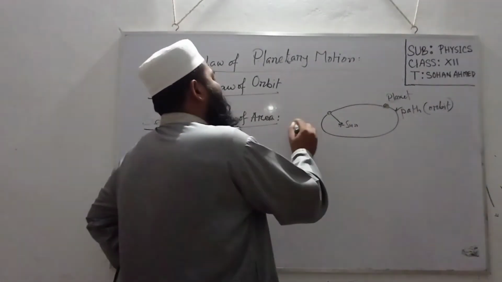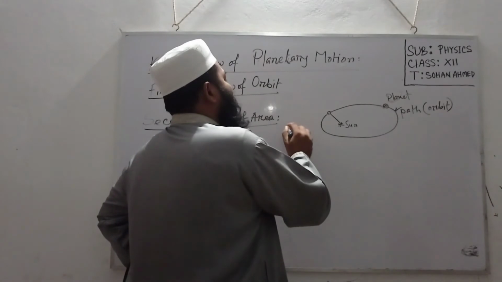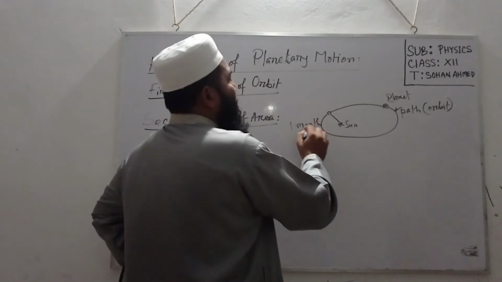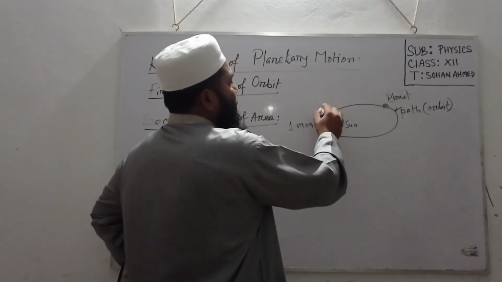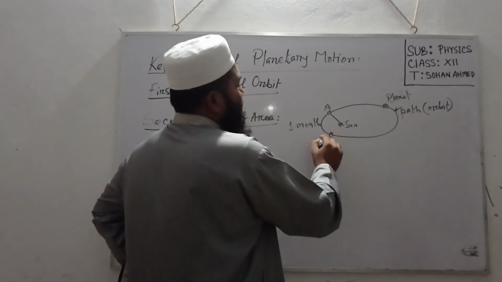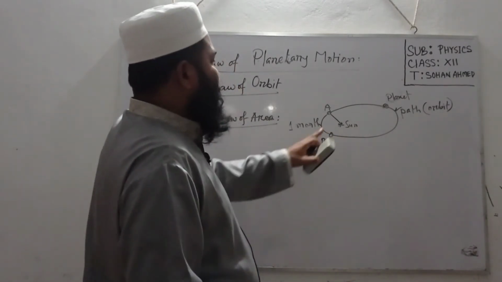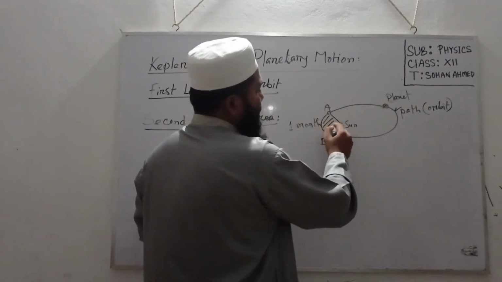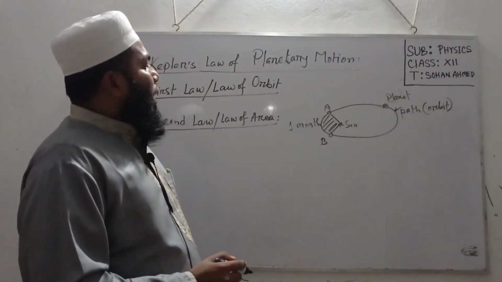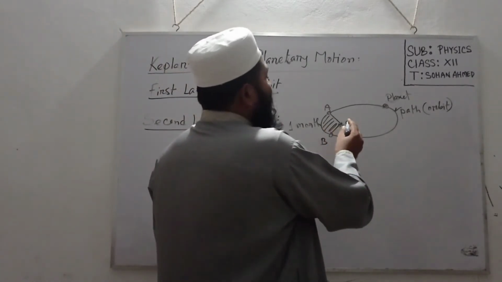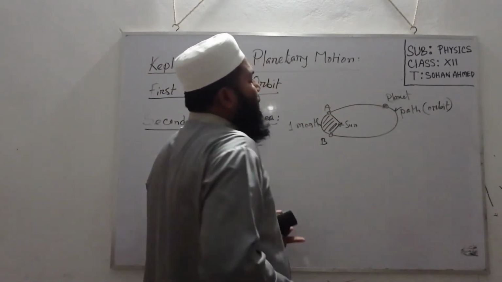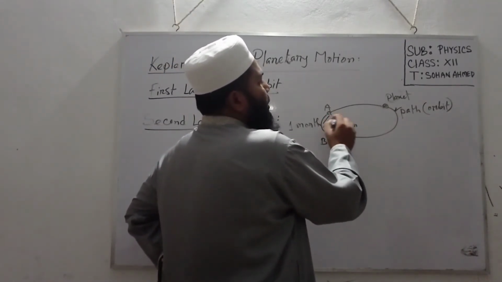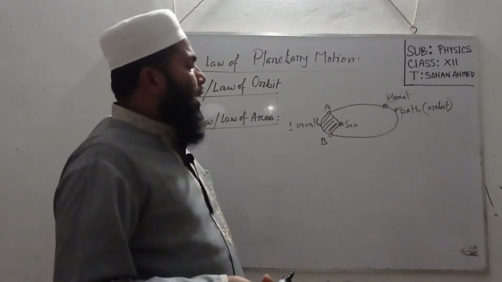Suppose in 1 month, it moves from A to B. So when it moves from A to B, the radius vector sweeps out an area, that means this area. And as the planet moves along the elliptical orbit, the distance of the planet from the Sun will not be the same.